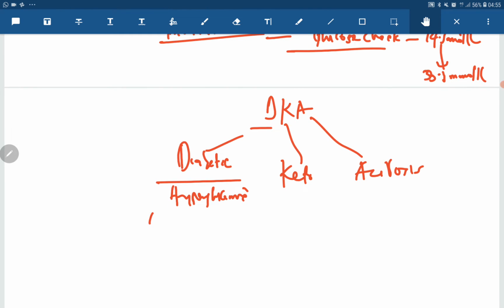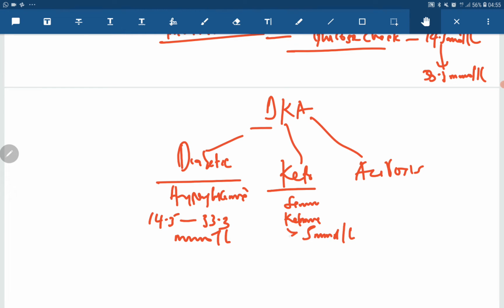The values you are looking out for go from 14.5 to 33 millimole per liter. Then you are looking for ketones, and you can check for serum ketone, looking out for values of 5 millimole per liter or greater.